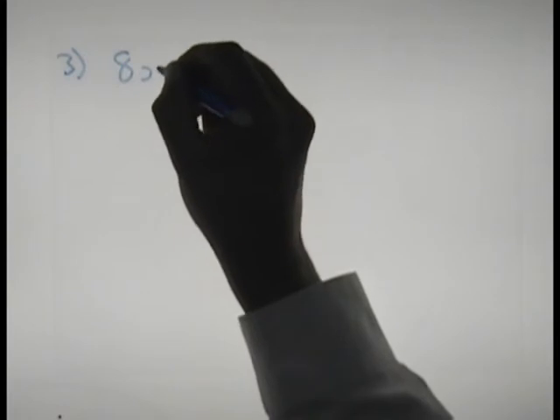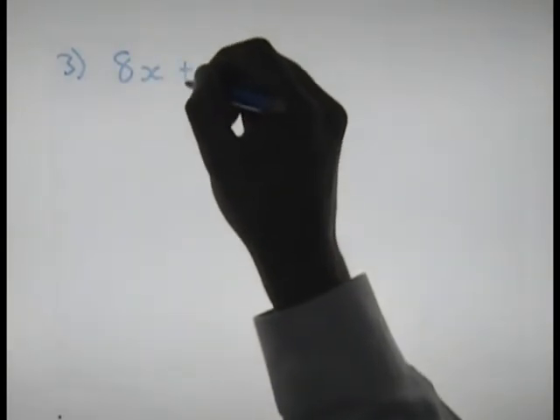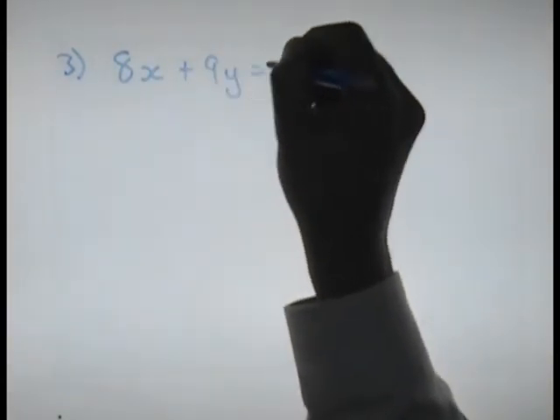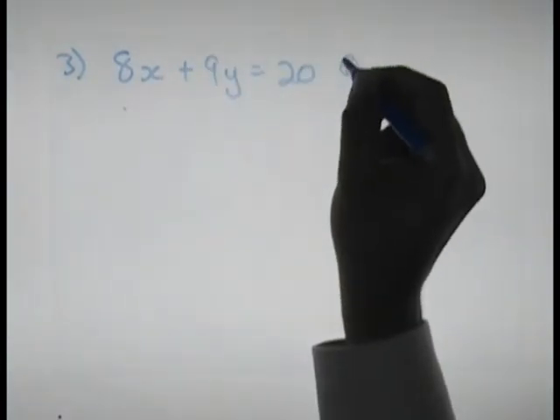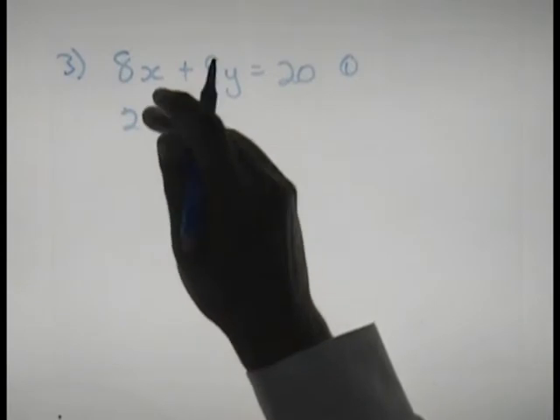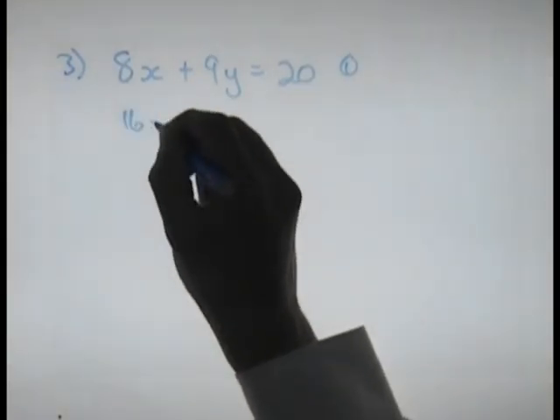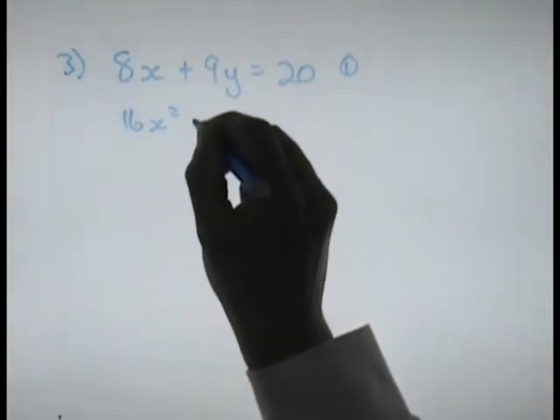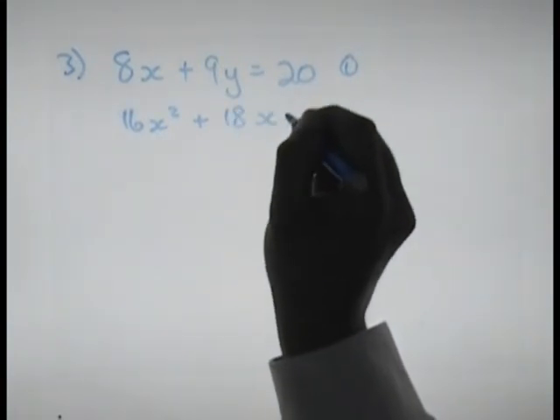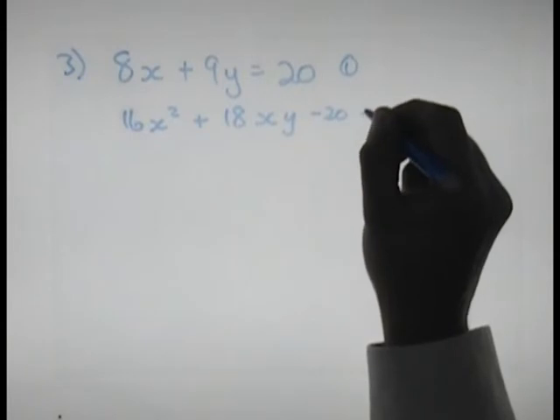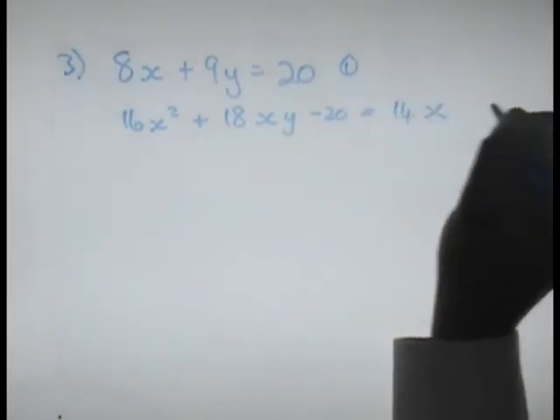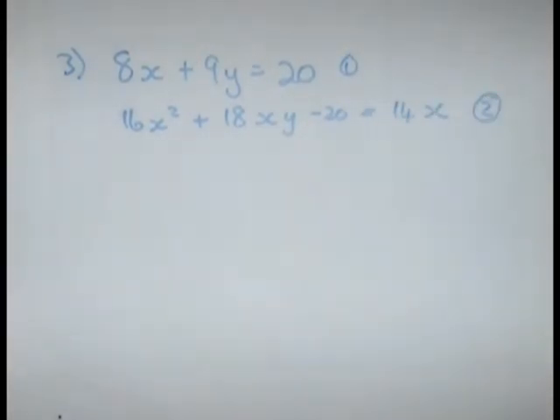Number 3 is an interesting one. It reads 8x plus 9y is equal to 20. That's equation 1. The second equation reads 16x squared plus 18xy minus 20 is equal to 14x, and that's equation number 2.